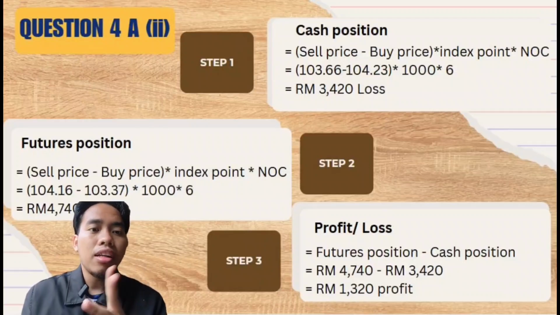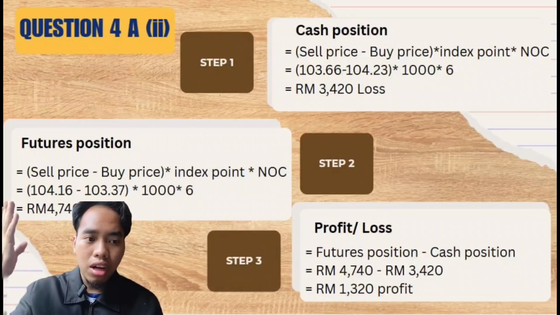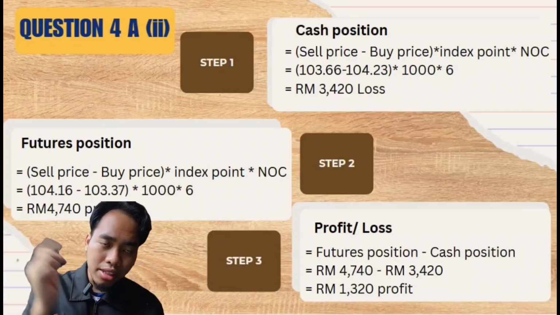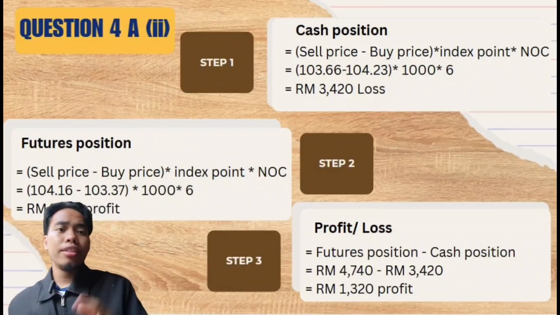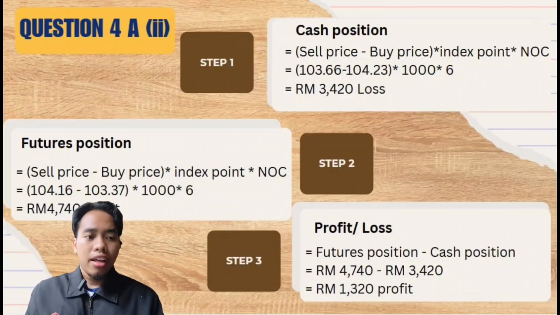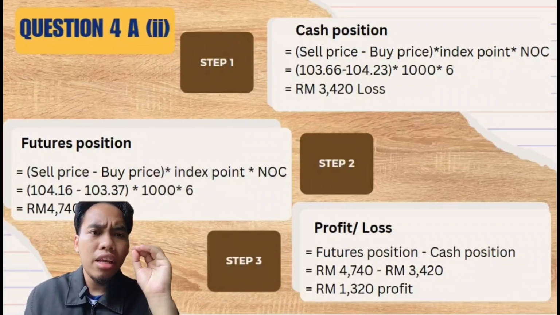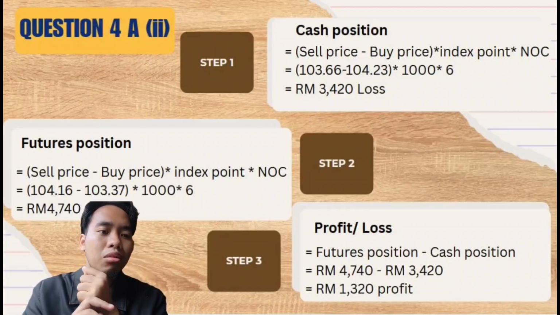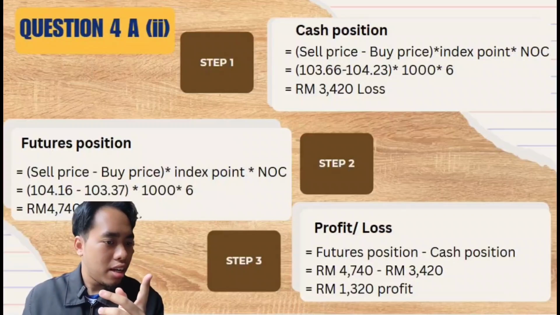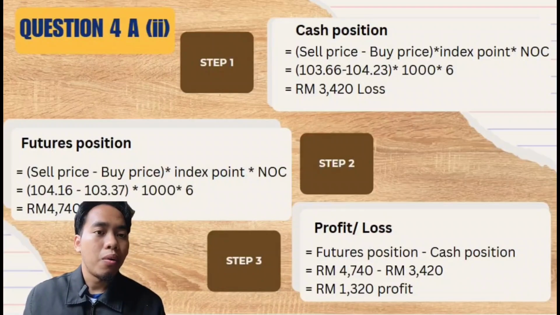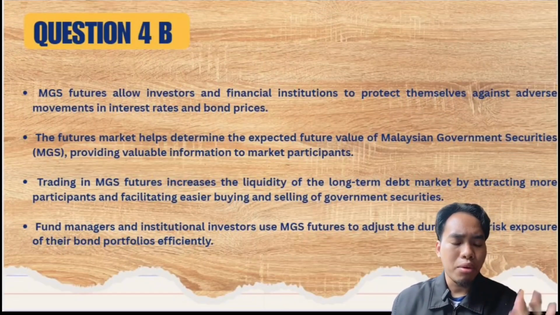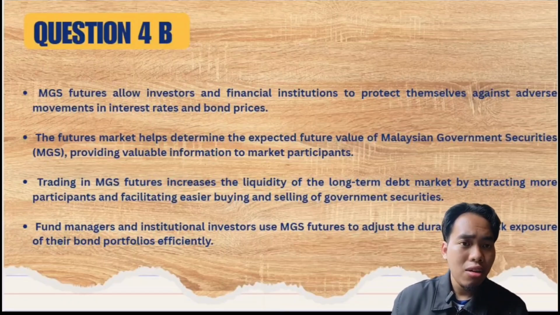Second, we calculate the futures position, where we have a profit of 4,470 ringgit. Lastly, we need to see whether there is a profit or not. We take the futures position and minus the cash position, and as you can see here, we gain 1,320 ringgit in total.